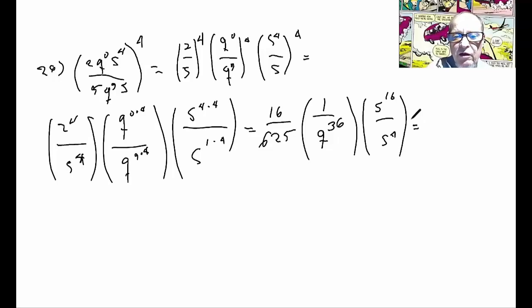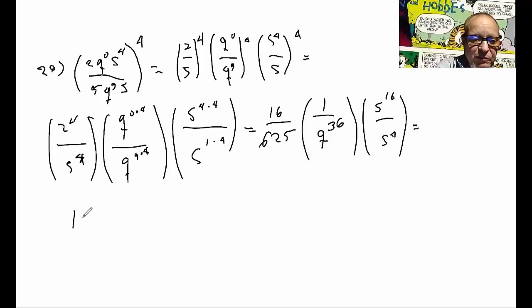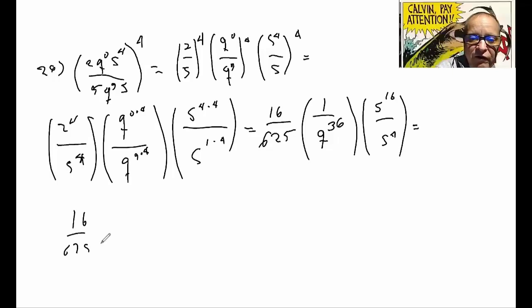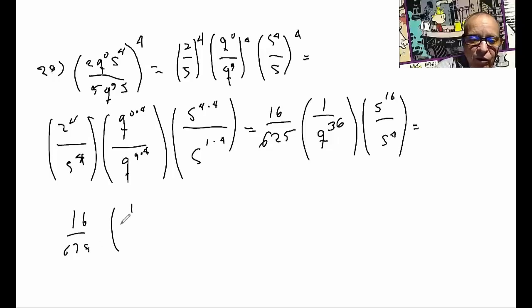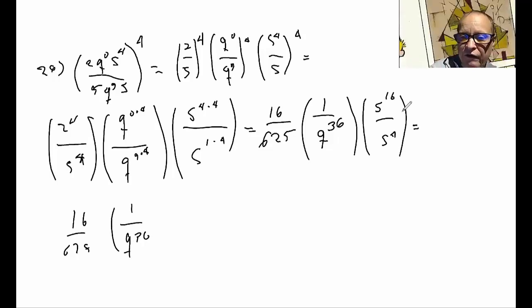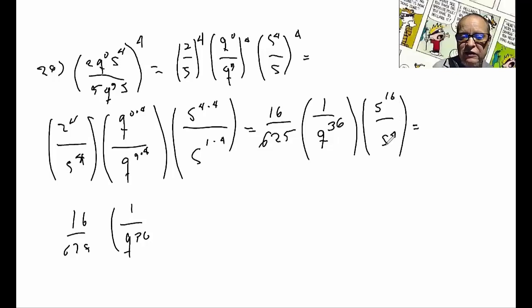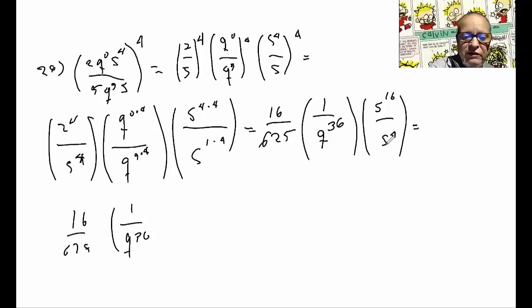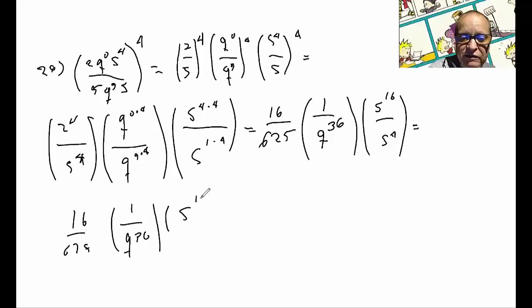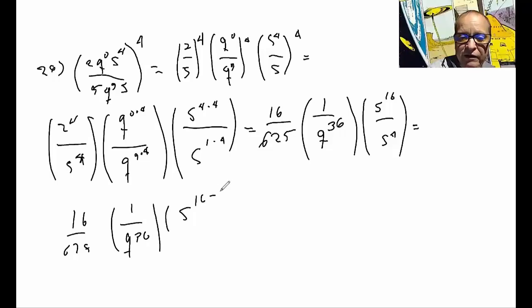I worked it out further, so I have my 16 over my 625, and then I have my 1 over q to the 36, and here I have s to the 16 over s to the 4, so that's going to be s to the 16 minus 4.